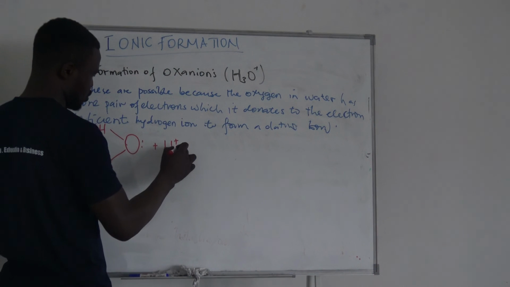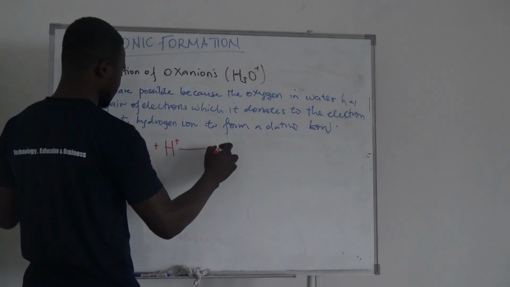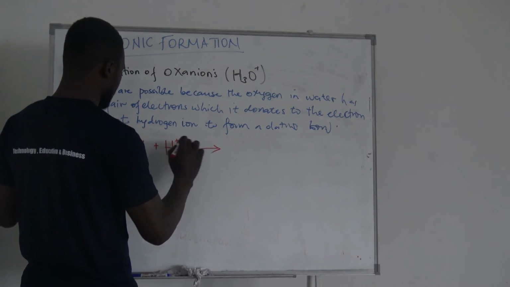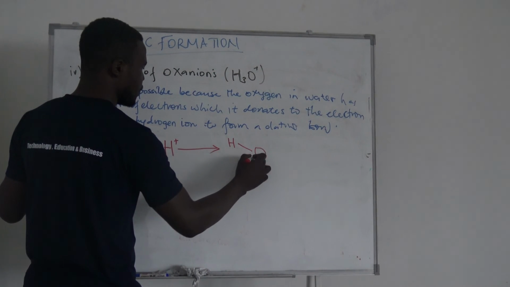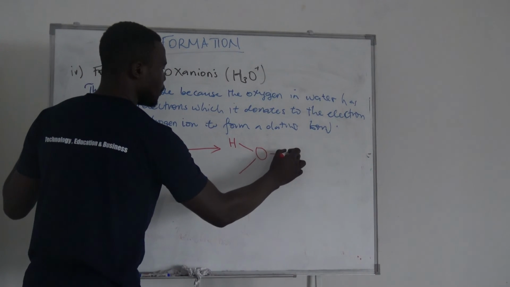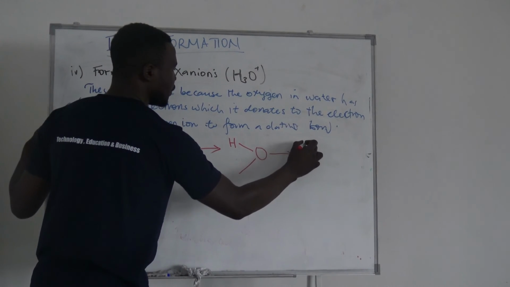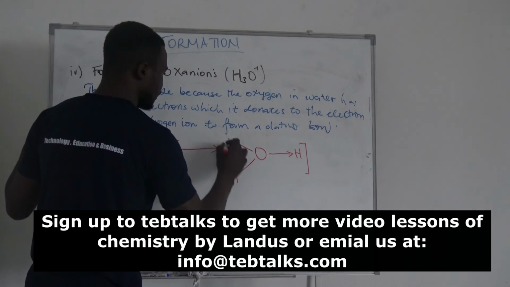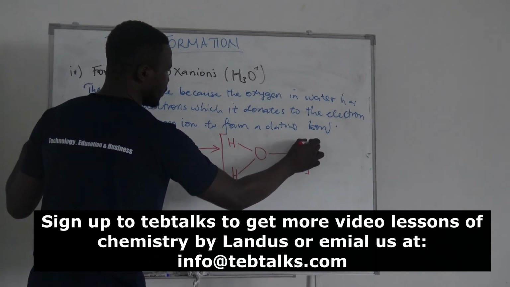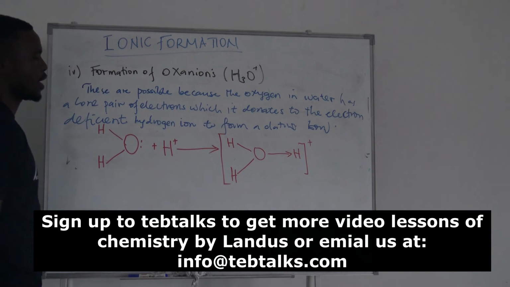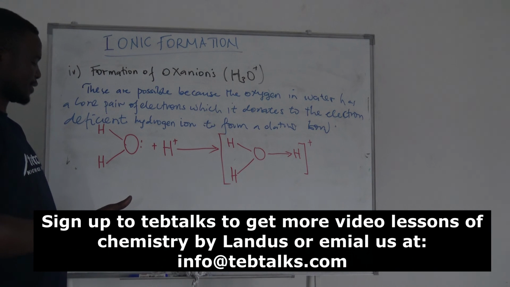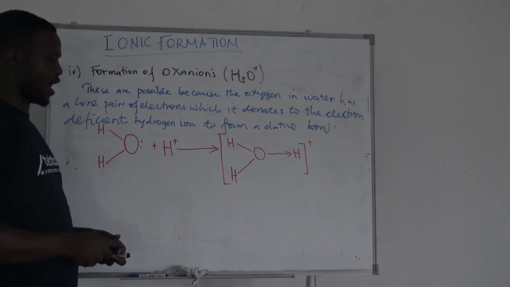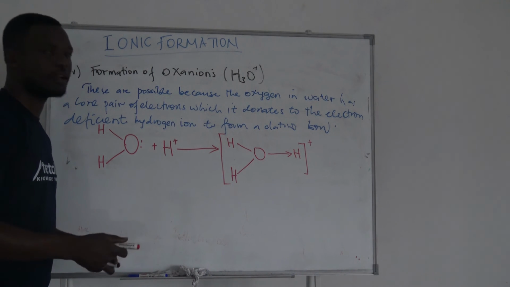When we add hydrogen, these form a dative bond such that we end up with something like this, and this is what we are calling the oxonium ion. Therefore, guys, having looked at formation of cations, let's stop here, and in our next video we shall begin from there.